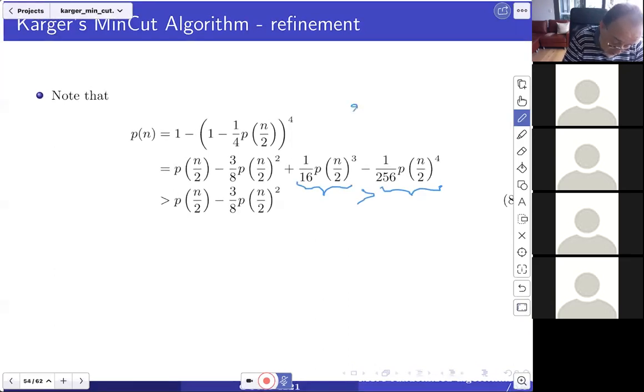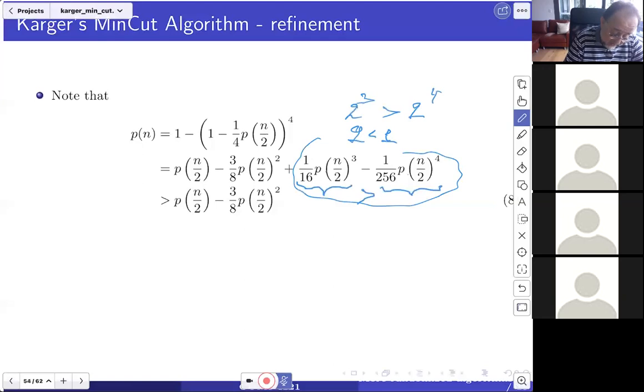So Q cubed is larger than Q to the 4th if Q is smaller than 1. So the contribution of this part is positive because this is larger than that. If I drop it, the things become only smaller and you get P of n/2 minus 3/8 P of n/2 squared.